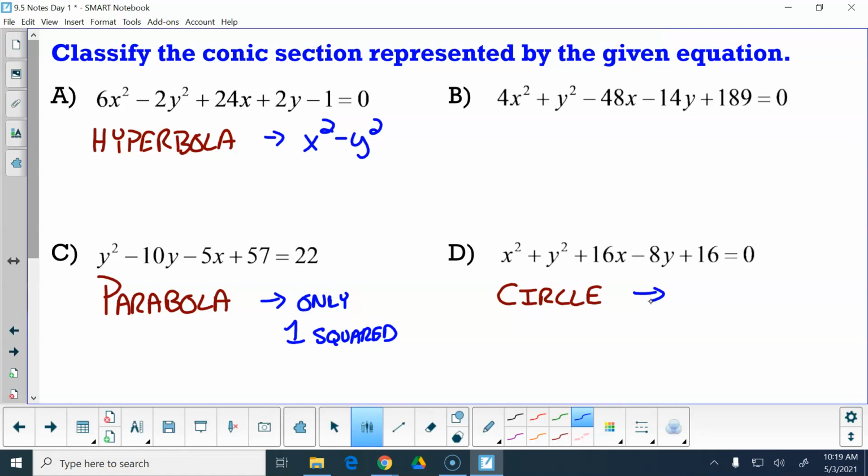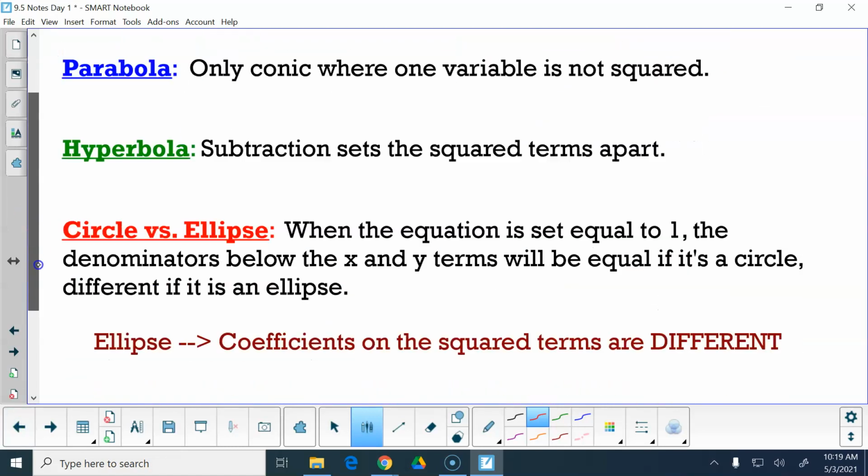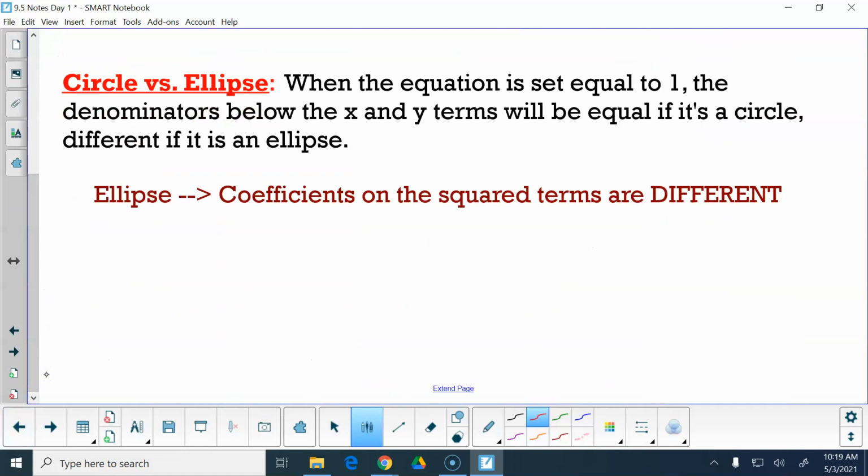Circles have the same coefficients. If I put a coefficient on X squared, it's 1. If I put a coefficient on Y squared, it's also 1. And what it told me way down here at the bottom was coefficients on the squared terms are different if it's an ellipse. They're the same if it's a circle.